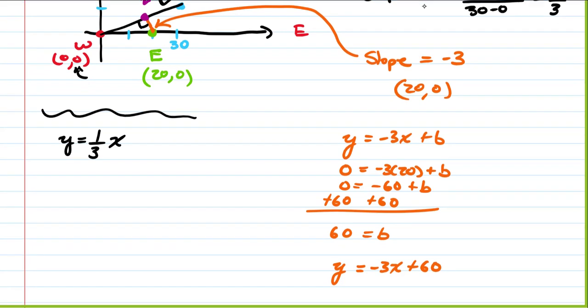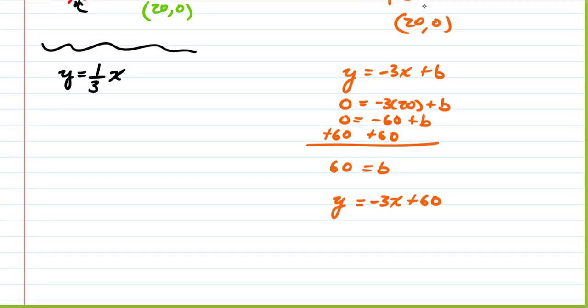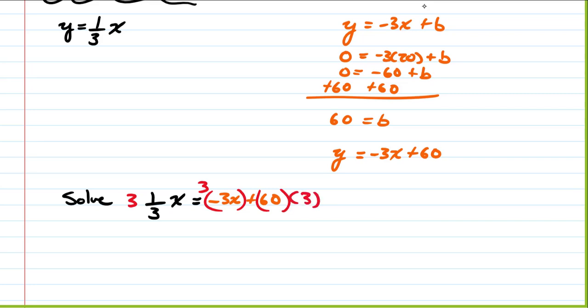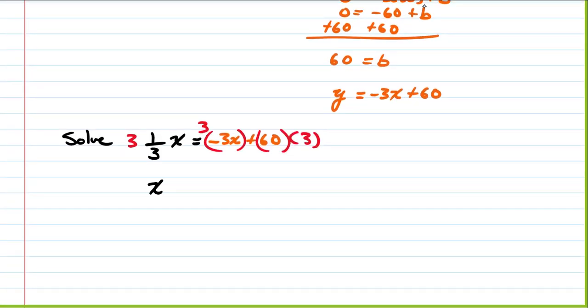So now our goal is, where do those two lines meet? So we set them equal to each other, and we solve. 1/3 x is equal to -3x plus 60. So we clear our fractions by multiplying everything by 3. And that gives us x equals -9x plus 180.